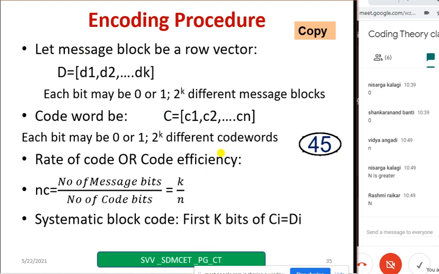The beginning bits of the code words will be data bits. Rate of code or code efficiency is the number of message bits by the number of code bits, k by n.